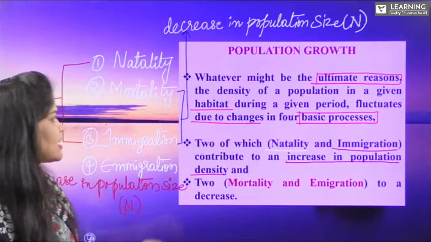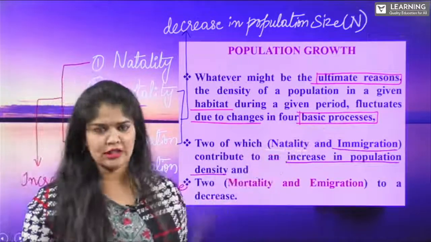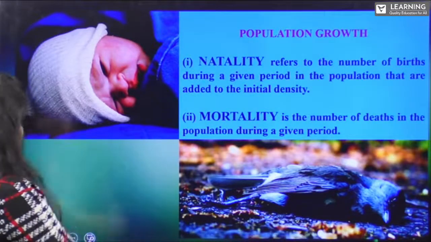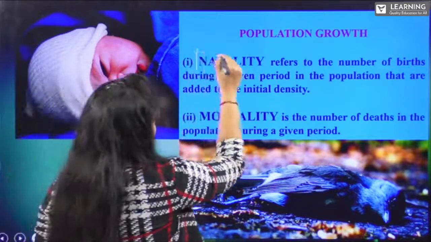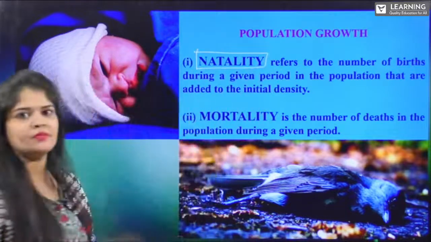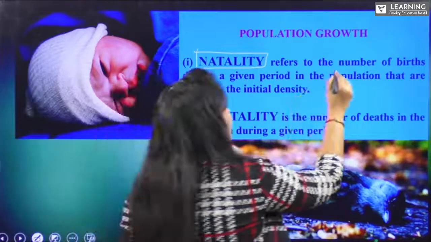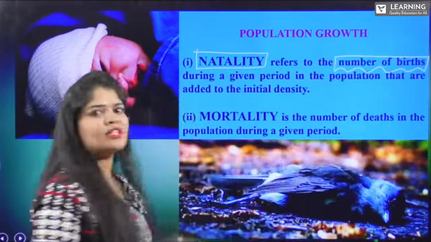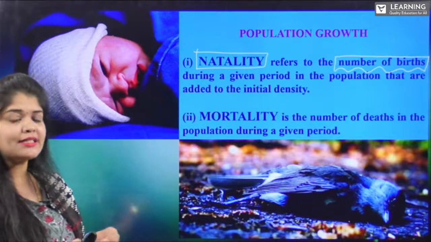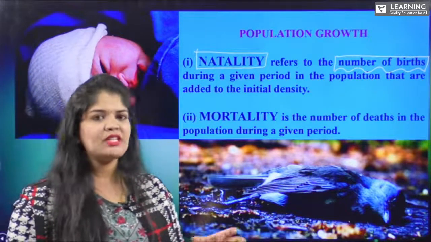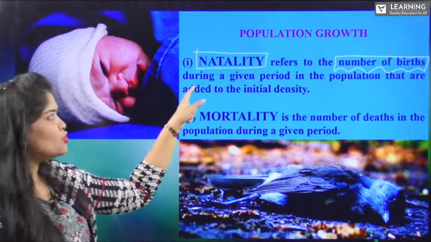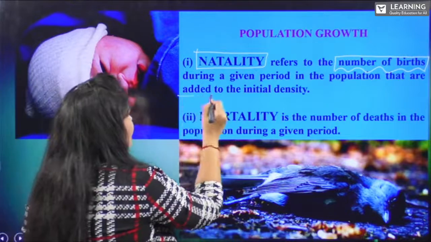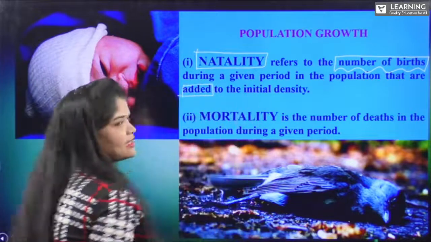Now, let's understand these 4 basic processes. First one, natality, which refers to the number of births. Natality is the number of births during a given period of time in a population that are added to the initial density.